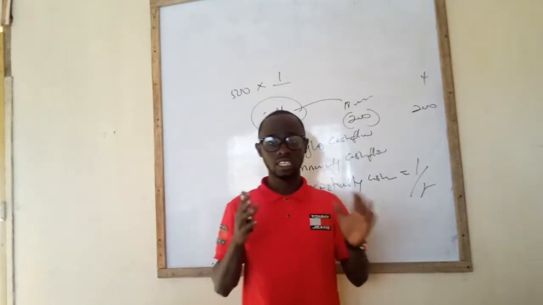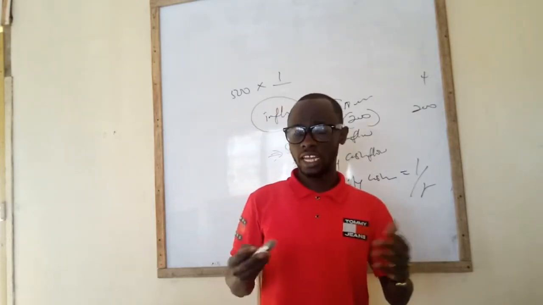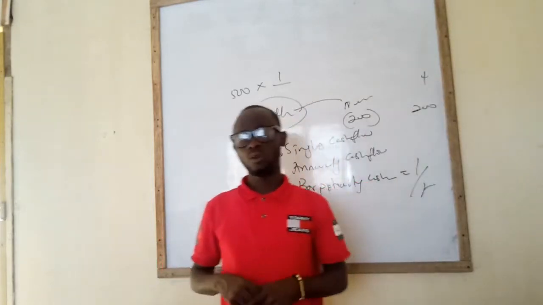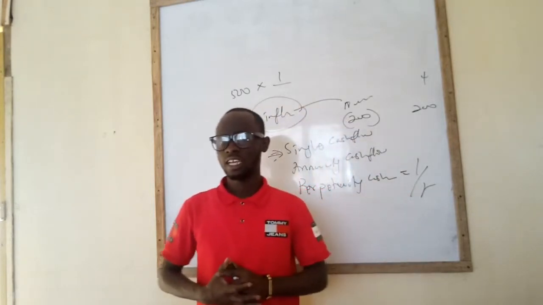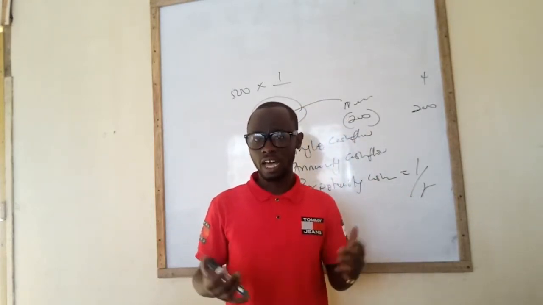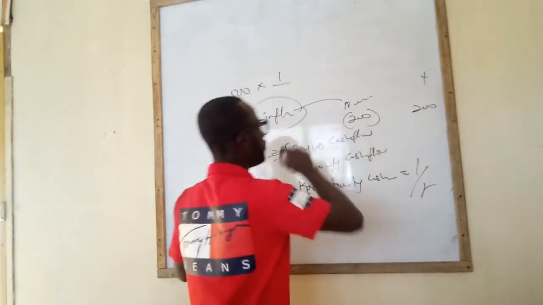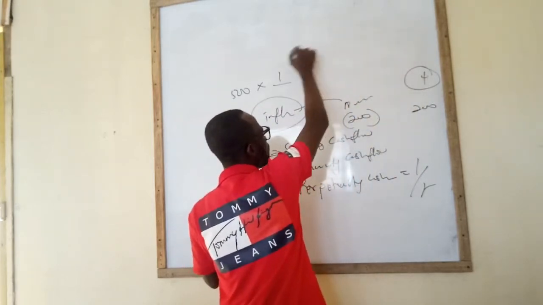Then the final thing you must understand is that when it comes to taxation, there are words that the examiner can use. The examiner can say tax is paid 1 year in arrears, or tax is paid in the same year that the income is derived. Now, when tax is paid 1 year in arrears, if the project has a lifespan of 4 years, you're going to do the schedule for 5 years.